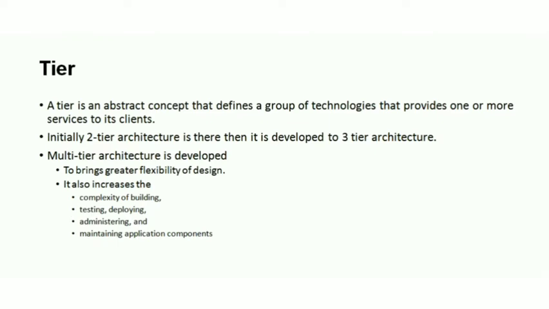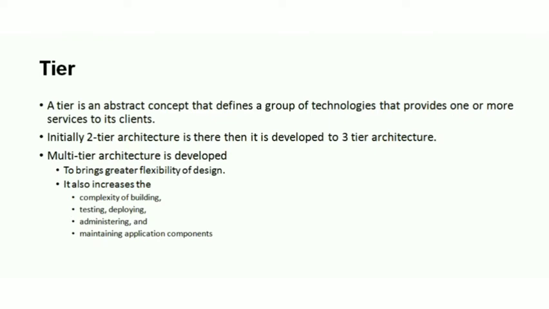Initially two tier architecture was developed, and after that it was developed into three tier, multi tier or n tier architecture. In this, the tier architecture is defined as a layer. When you think about any system, there are different things attached to the system.